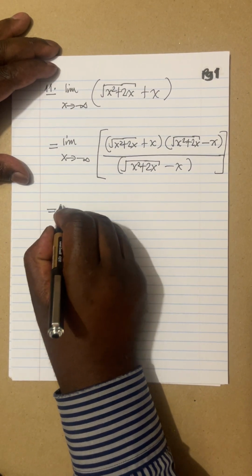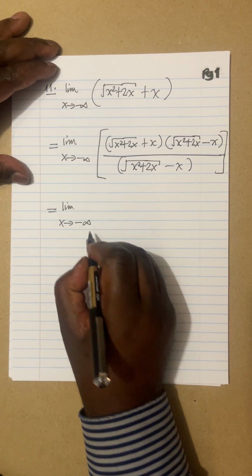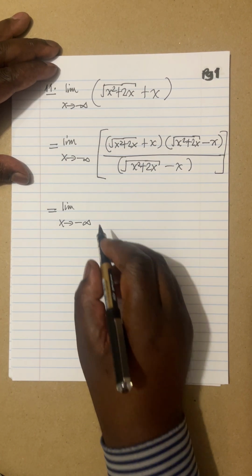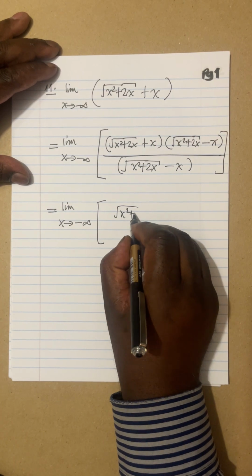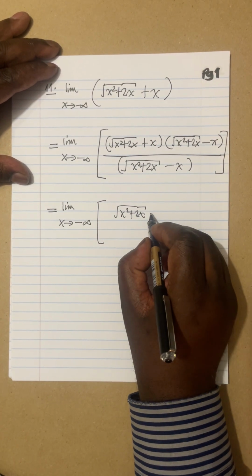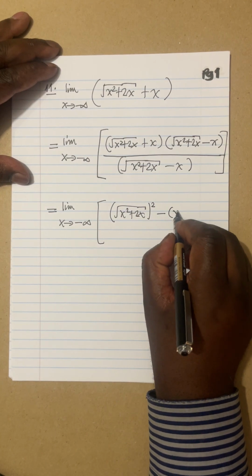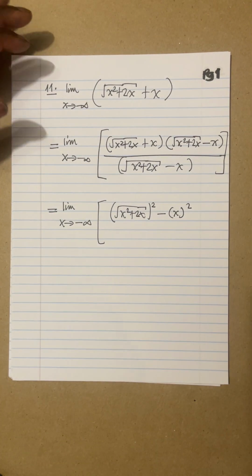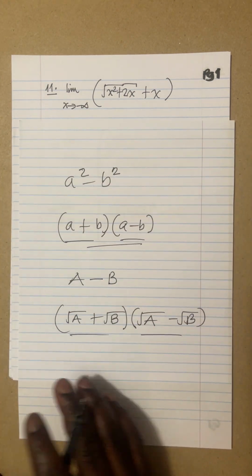So this is going to be a limit as x approaches minus infinity. Notice the numerator now, how it changes. It will be square root of x squared plus 2x, and then I'm going to have to square this, and I'm going to say minus x squared. Follow what's going on here.